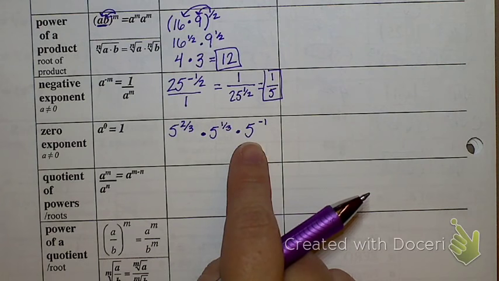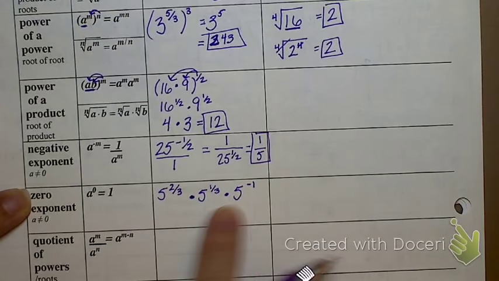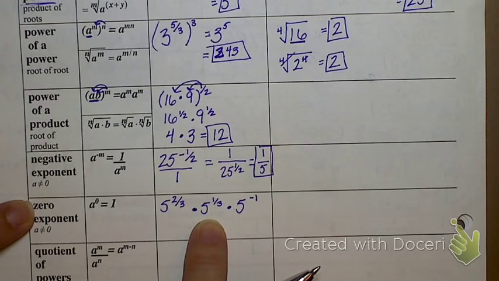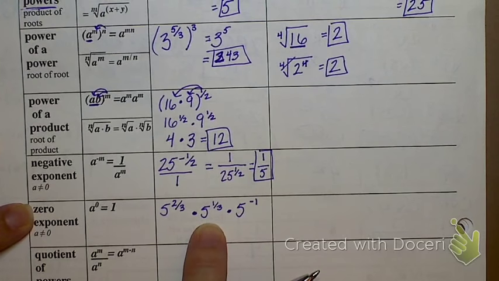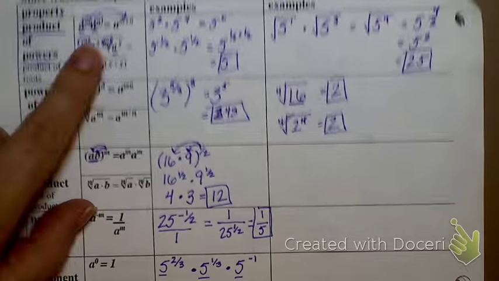Well, you can. Or you can deal with all the exponents first and see if you still have a negative exponent afterwards. Because I want to refer back, actually, which property would this one fall under of the previous ones? I have 3 matching bases. It would go to the first one, wouldn't it?